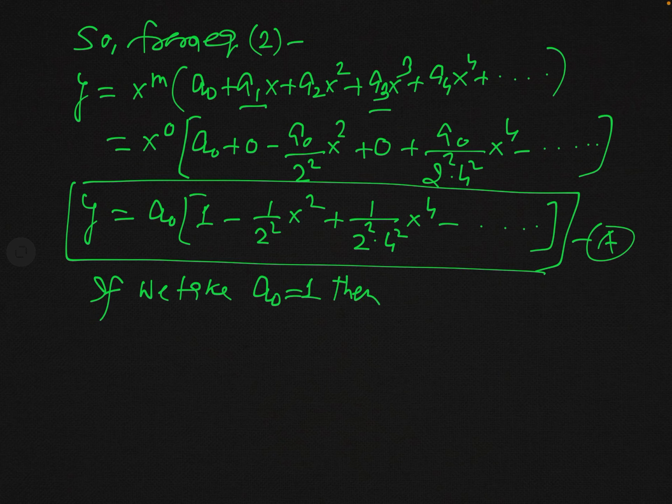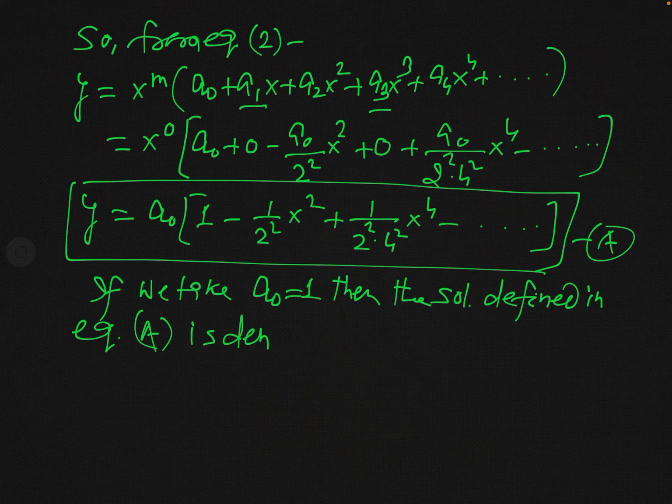then the solution defined in equation A is denoted by J0 of x, and so what will be this J0 of x?